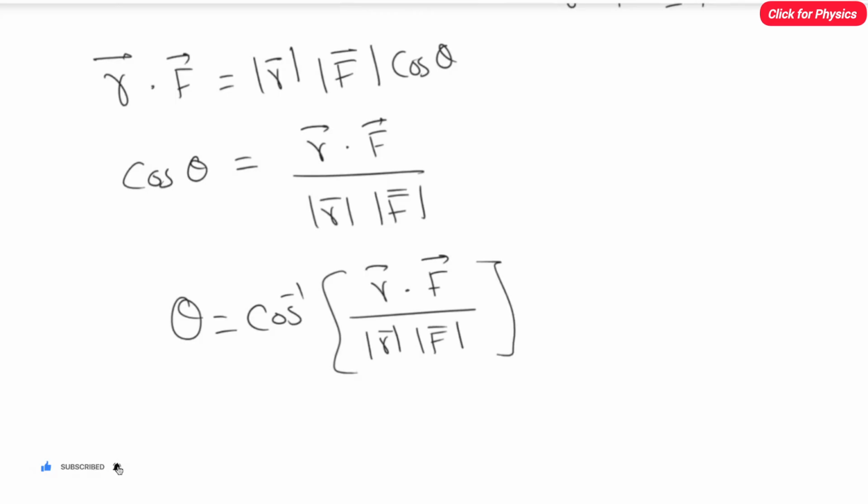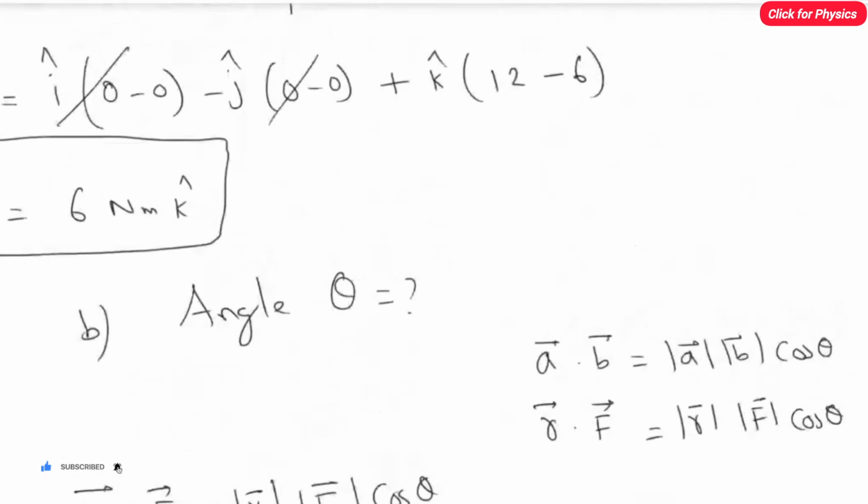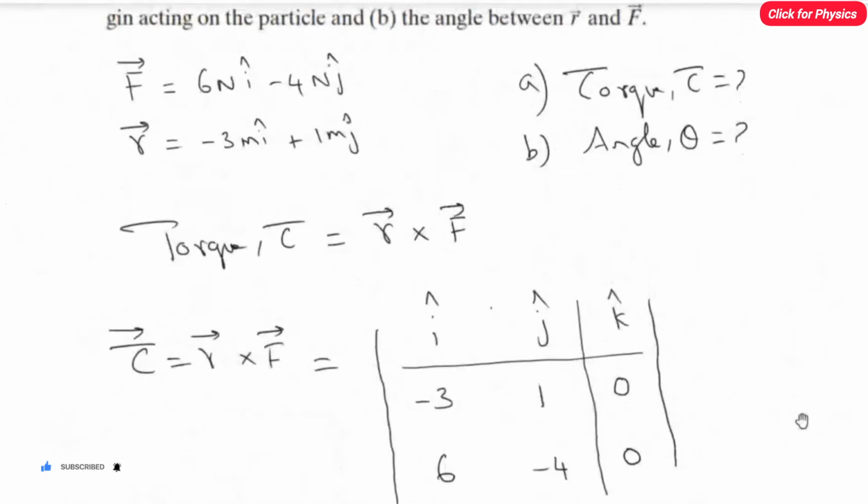That's it. Now let's see the value for r dot f. Better I write the vector forms of r and f. We can go back to the question to see the equations for r and f. F vector is 6 Newton i cap minus 4 Newton j cap, and r vector is minus 3 meter i cap plus 1 meter j cap.